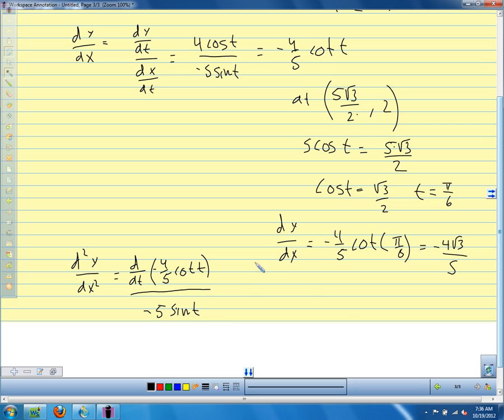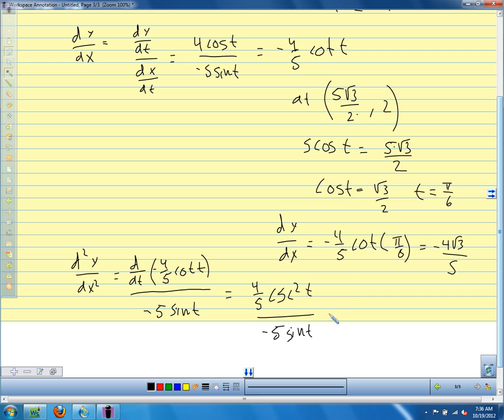And the derivative with respect to t of cotangent is negative cosecant squared. There we go. So we end up with 4/5 cosecant squared t divided by negative 5 sine t. The derivative of cotangent is negative cosecant squared, so the negatives go away.